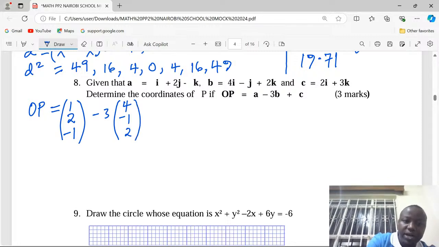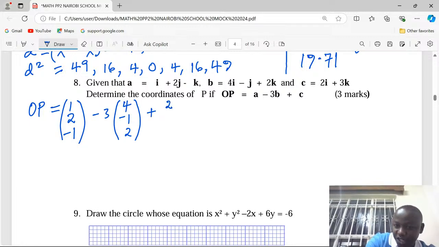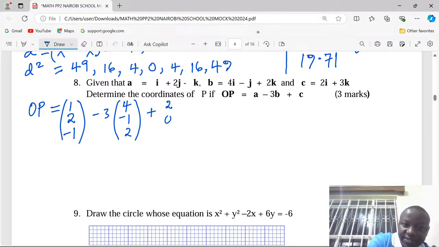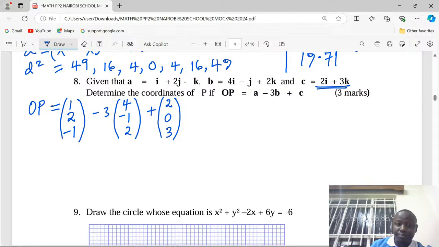The z component is 2. Then we add vector C. Vector C will be 2. Then the y component, which has not been added, takes a 0. Then 3 for the z component. It's good for you to know that that's one of the tricks which have been applied in the setting of this item.